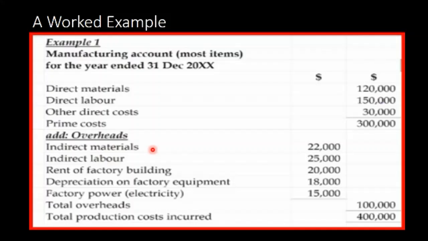Okay, same applies with labor and indirect labor. Direct labor would be the people who are actually making the product. It is sometimes called touch labor because they handle it, they touch the product.